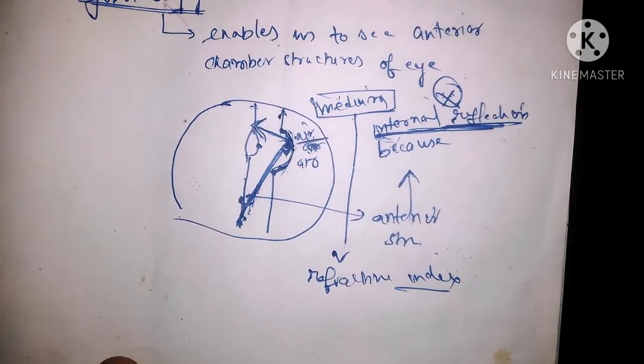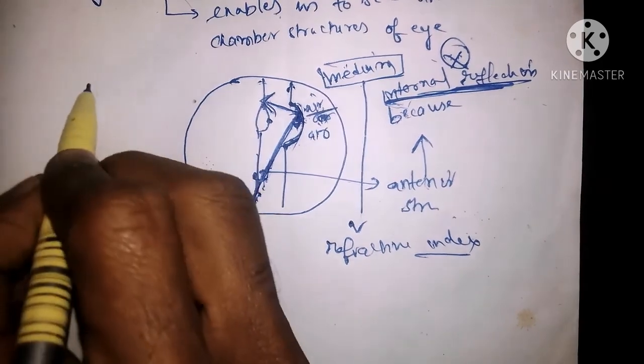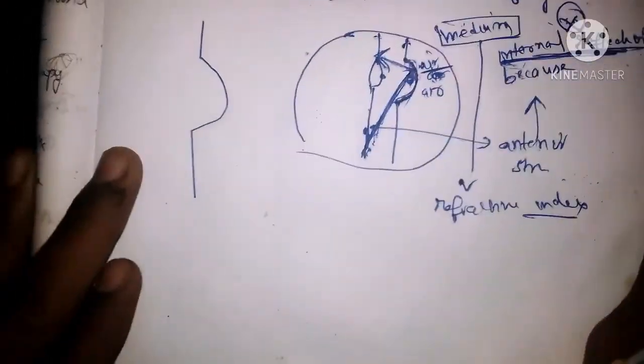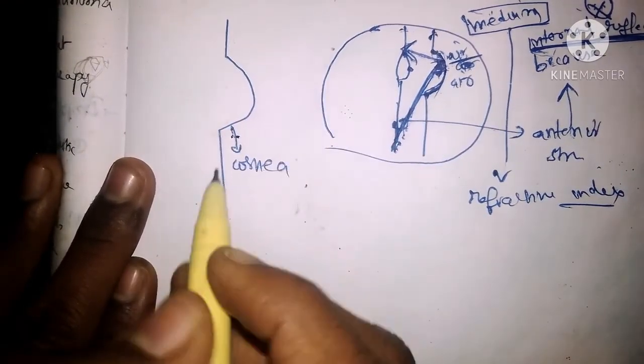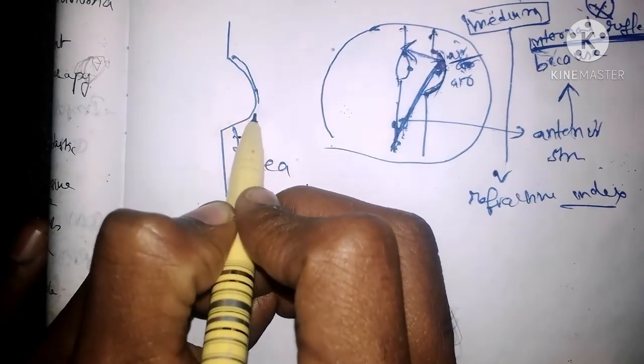That will enable us to see anterior chamber structures. Clear? So for this, this is cornea, right? What we are doing is we are placing a contact lens here.